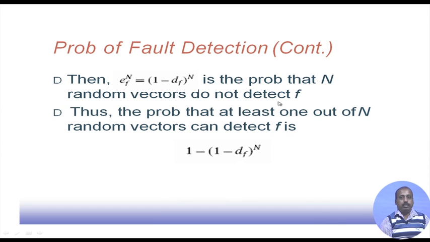Since random vectors are all independent of each other, if we repeat this experiment n times, then it is Ef power n, that is 1 minus Df power n. Thus, the probability that at least one out of n random vectors can detect f is 1 minus Df power n.